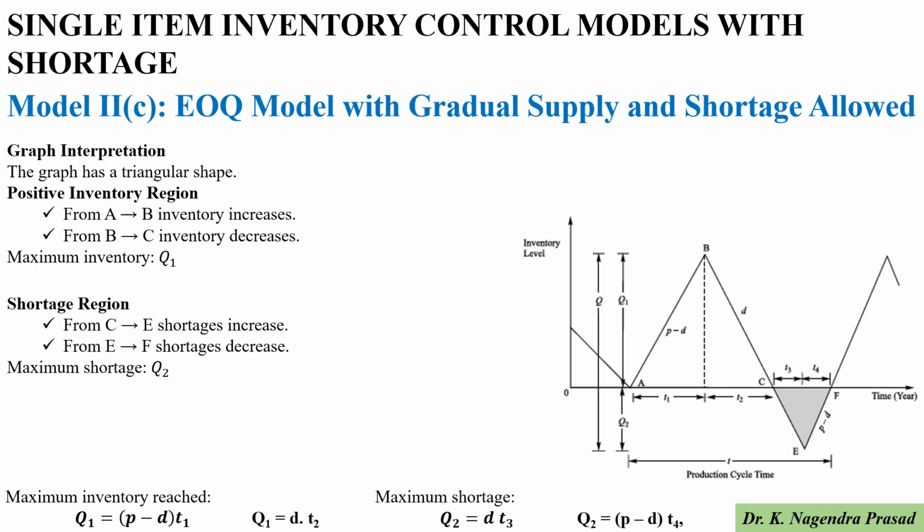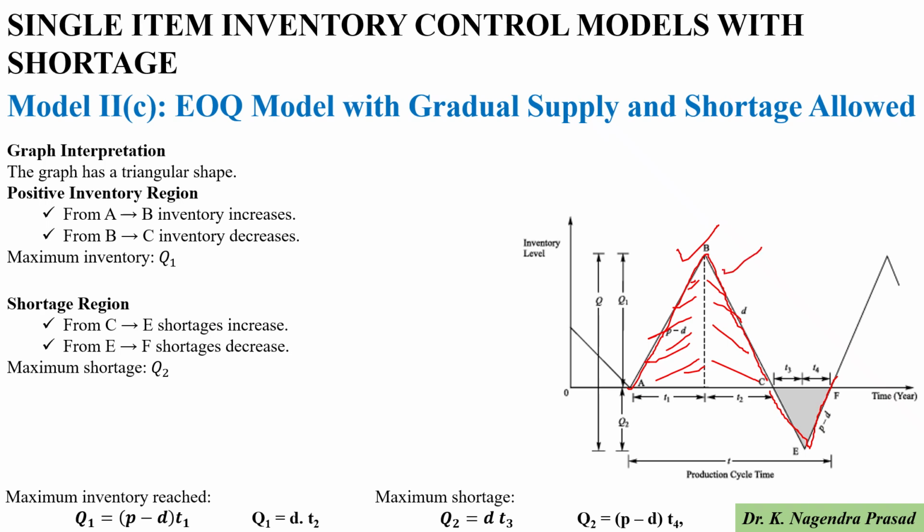Next, observe the schematic representation of this model. From the graph interpretation, the graph has a triangular shape. First observe the triangle ABC. Next, another triangle is CEF. Here observe the positive inventory region, from A to B. This triangle represents inventory increasing, and the other part, B to C, represents inventory decreasing.